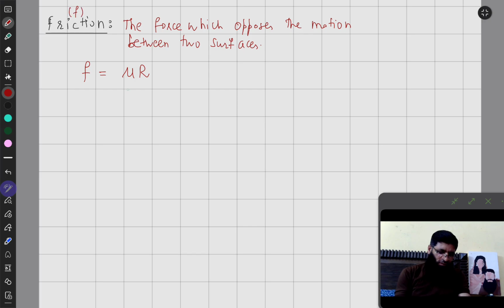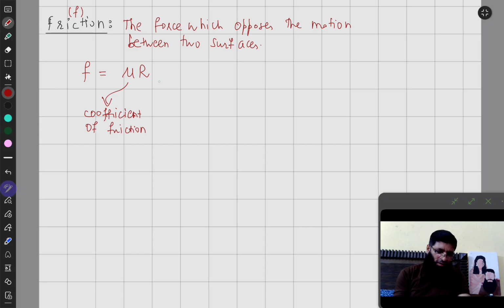Now, mu is basically the coefficient of friction, and it will be given in your question. Sometimes it will be given, and sometimes you will have to find this.